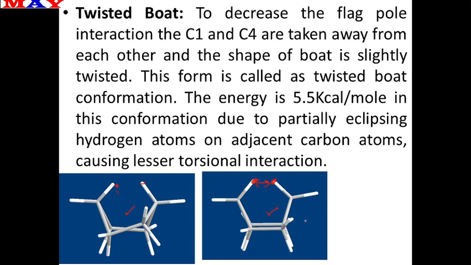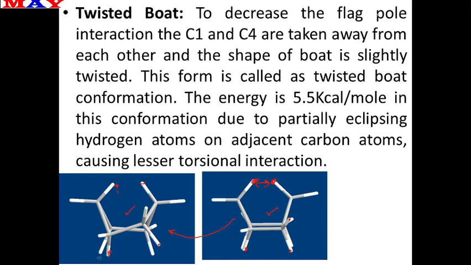The other observation is that hydrogens are eclipsing in the boat form, but when we twist the boat, the hydrogens are not eclipsing with each other. So the dihedral angle between them increases. Keep these two observations in mind and let us go to the description.